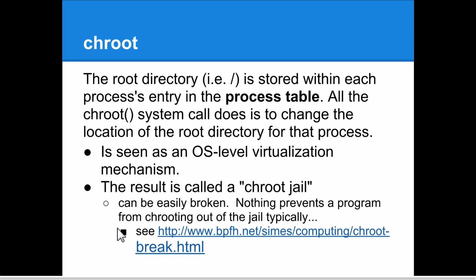Nothing prevents that process from editing its own memory and changing it back to the actual root directory to escape from that chroot jail. It is seen also as an OS level virtualization mechanism for security reasons. You can see this link below about breaking out of chroot jails. It's not that difficult. Nothing also prevents exploit code from doing this as well.